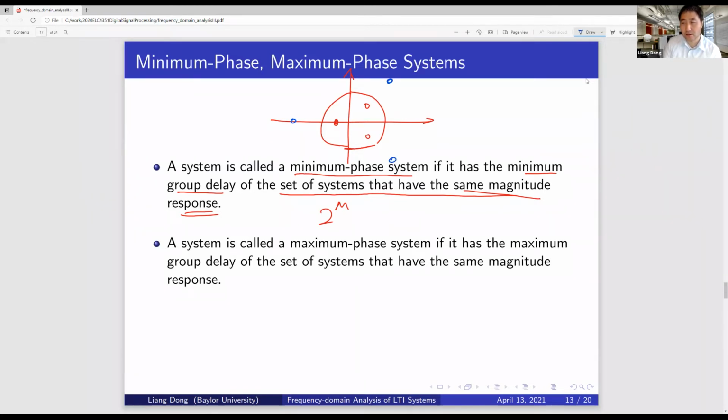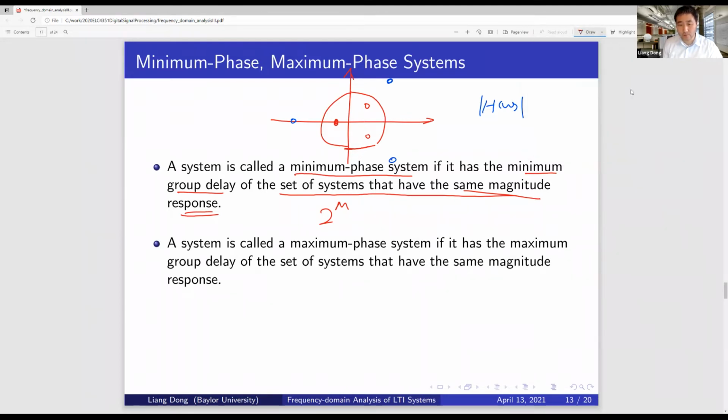If you make a zero its reciprocal, as we discussed before, we will have the same magnitude response. So the absolute value of H(ω) is not going to change. That's why you do this, you just replace it with its reciprocal. How many do we have? Well, it depends on how many positions you can place those zeros. So we said we have altogether 2 to the power n.